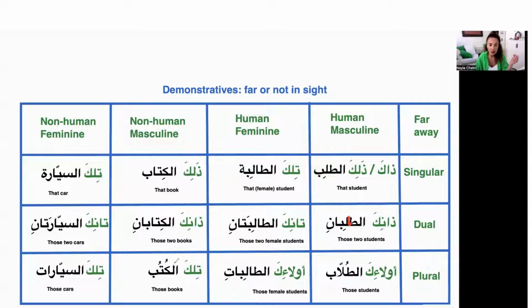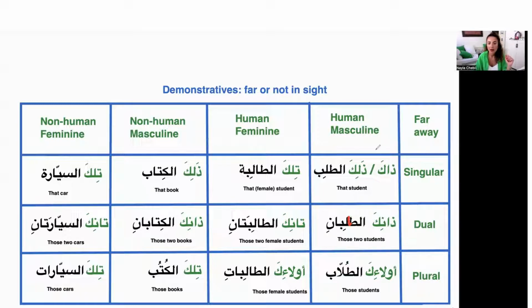Tilka al-kutub translates into those books. And here my object is plural feminine, non-human. Again I use tilka. Tilka السيارات translates into those cars.